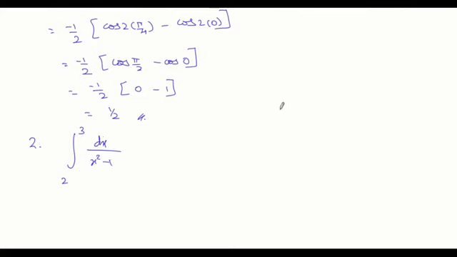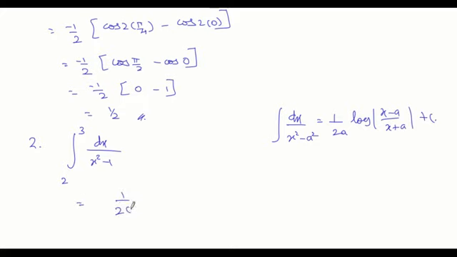Here we need to remember the formula. The integral of dx by x square minus a square is nothing but 1 by 2a log of (x minus a) by (x plus a) plus c. This formula we remember, children. In that way we can write this as 1 by 2 into 1, because here a is nothing but 1, log of (x minus 1) by (x plus 1), from 2 to 3.